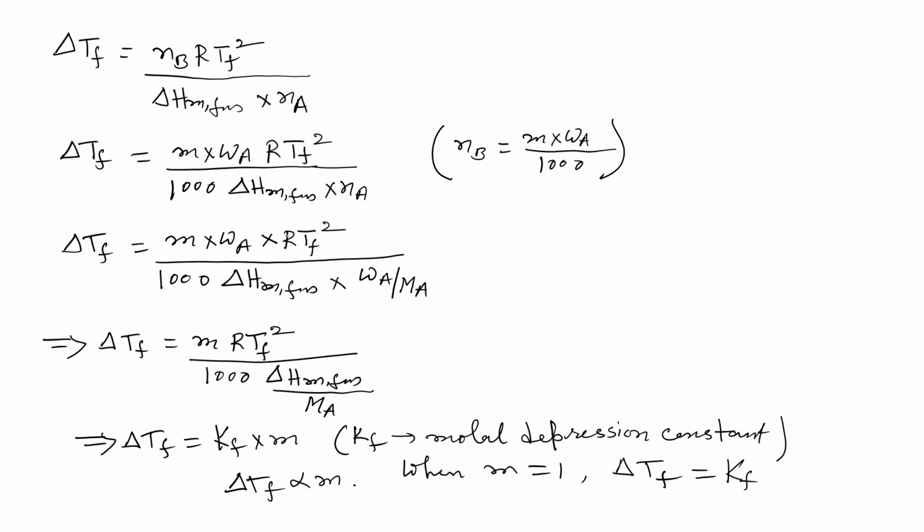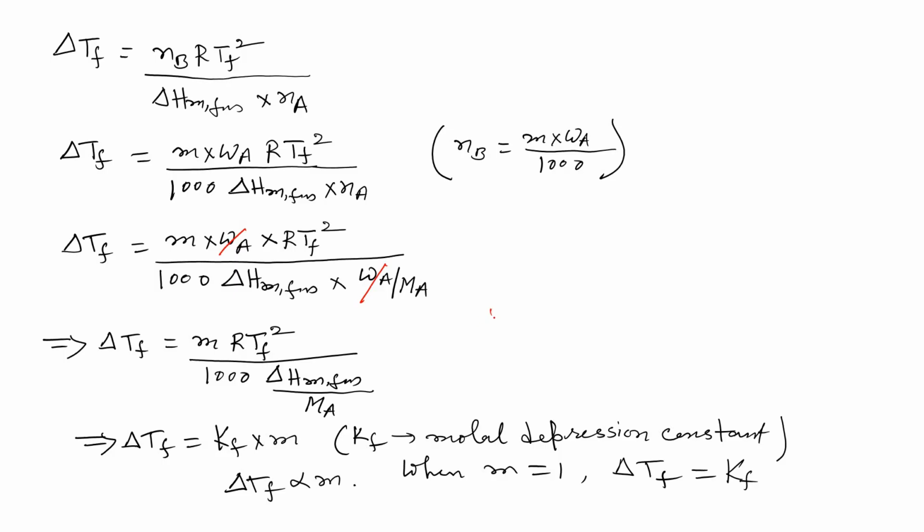Now next line, here in place of number of moles of the solvent we can write weight of the solvent divided by molecular weight of the solvent, so WA by MA. Now this WA and this WA get cancelled. So delta TF will be equal to M RTF square 1000, then delta H molar latent heat of fusion per mole divided by MA. This will be equal to latent heat of fusion per gram of the solvent.